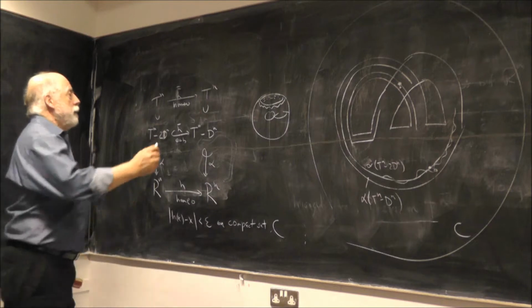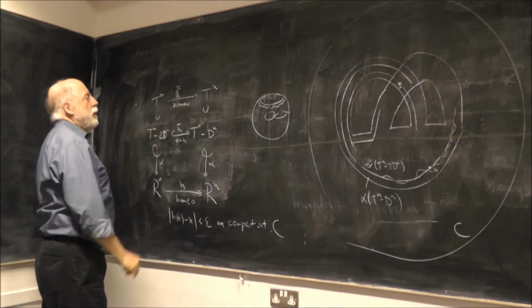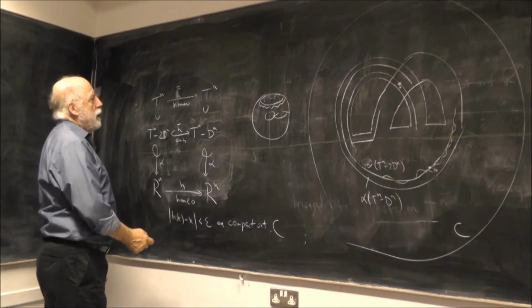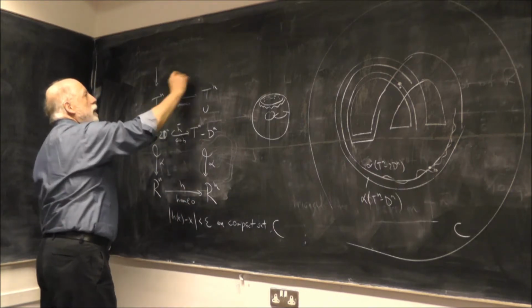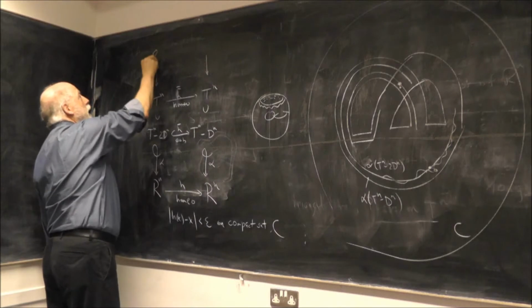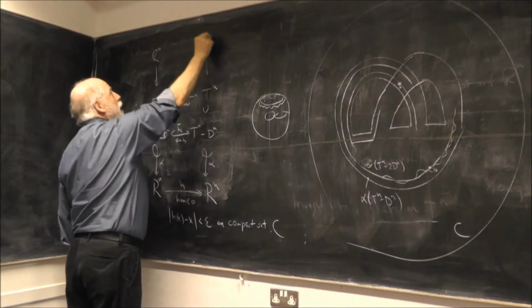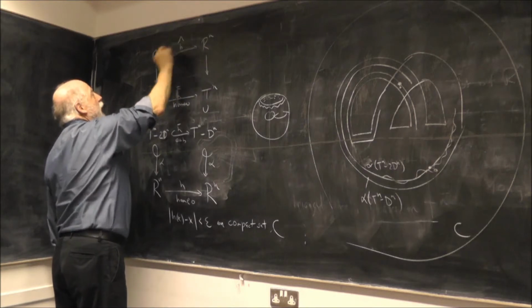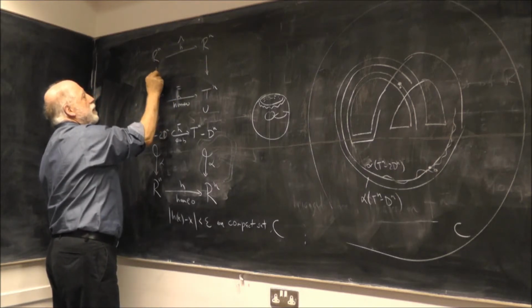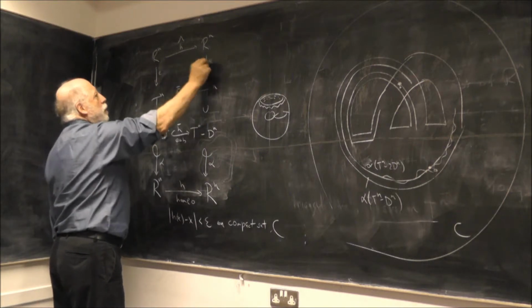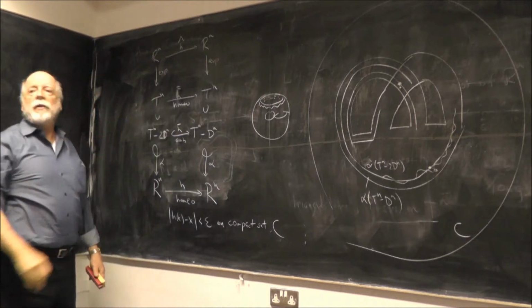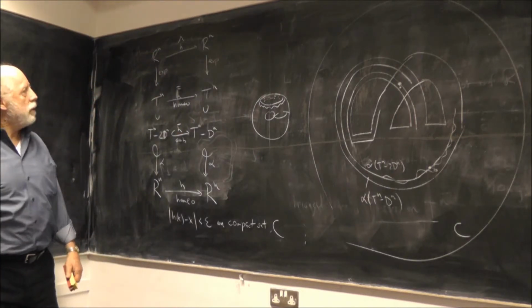Now comes the punchline. Now you've got a homeomorphism of the N torus, and it's actually close to the identity. So now take the universal cover, go to Rn. This is the universal cover, and let's say H hat is the lifted map. This is the usual exponential map from Rn down to the N torus.